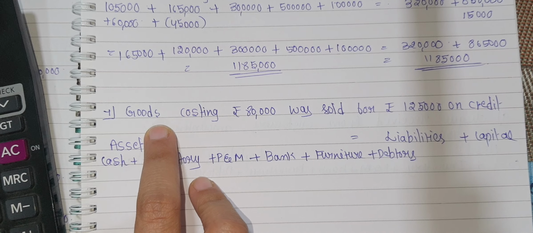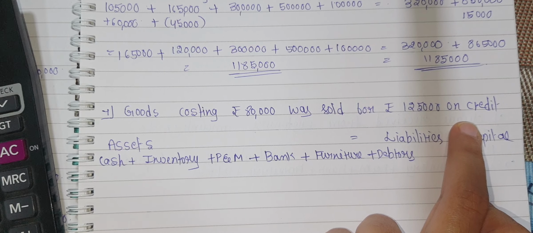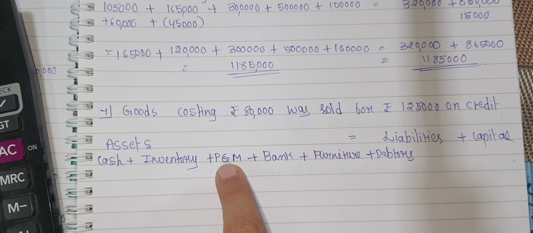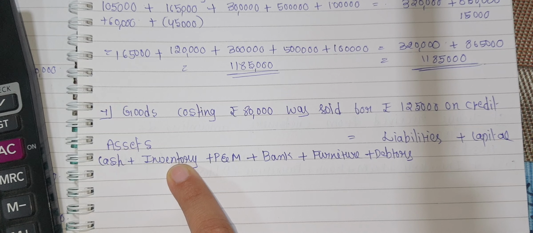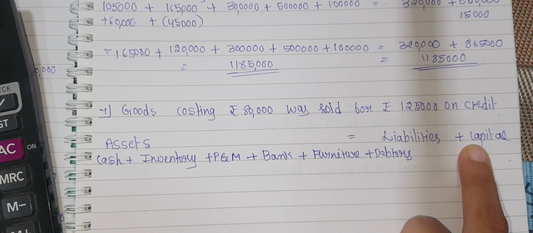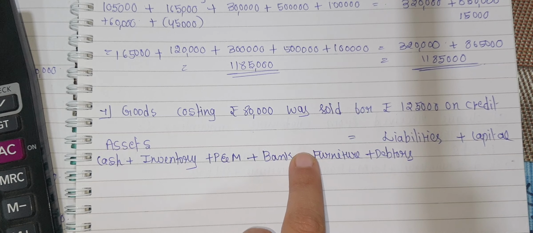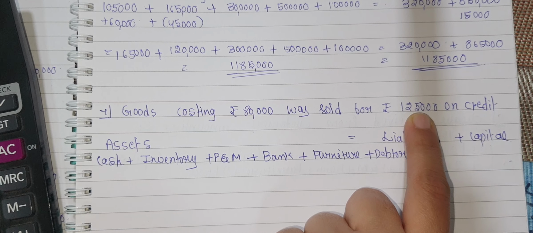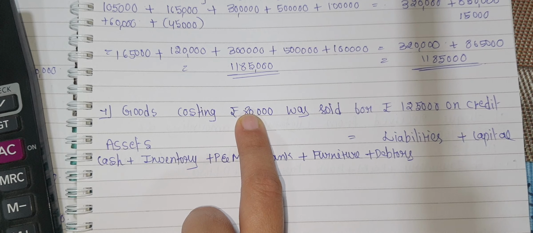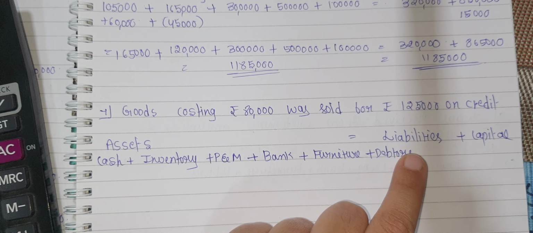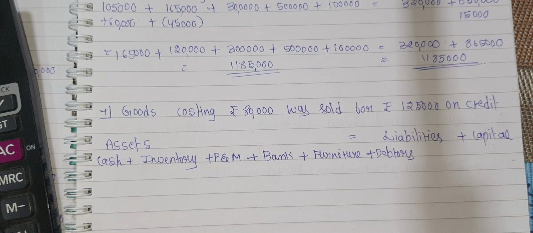But here they sold the goods on credit, means it affects the debtors and inventory, and capital on the other side. Means there is an increase in debtors by rupees 1,25,000 and decrease in inventory of goods by rupees 80,000 on the asset side of the equation, and capital increases by rupees 45,000. Now we will solve.